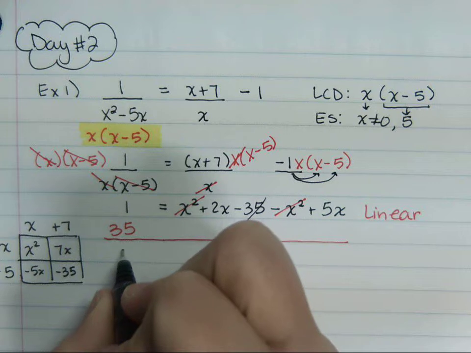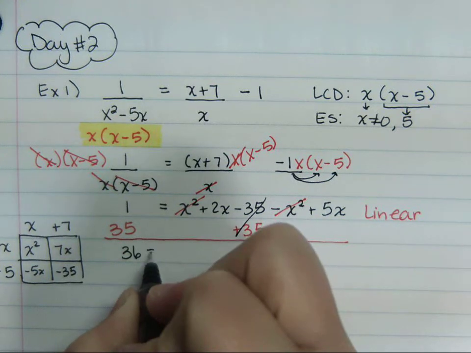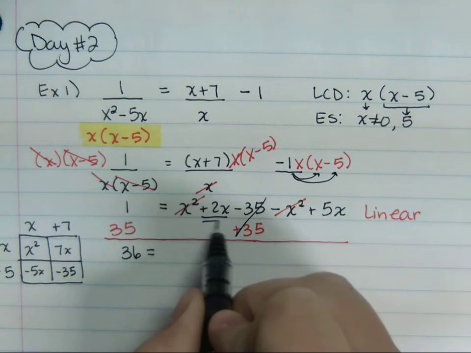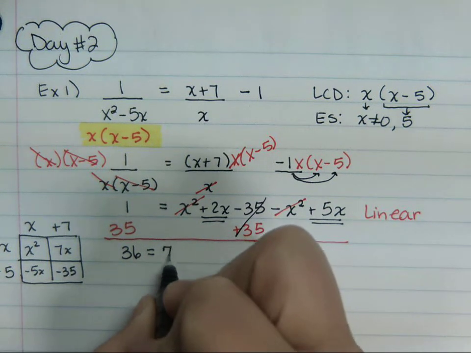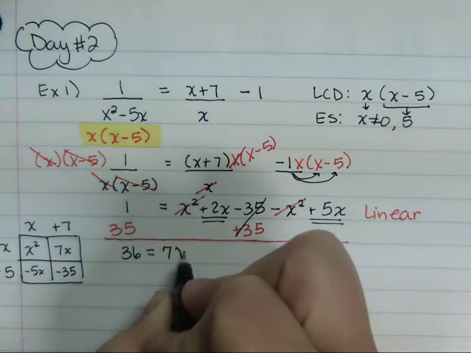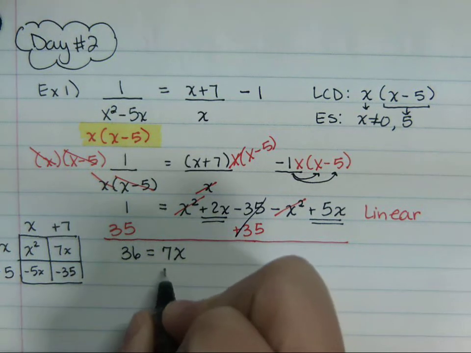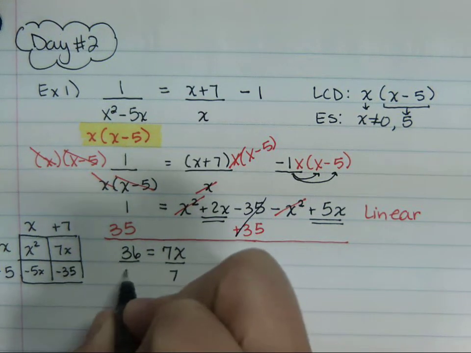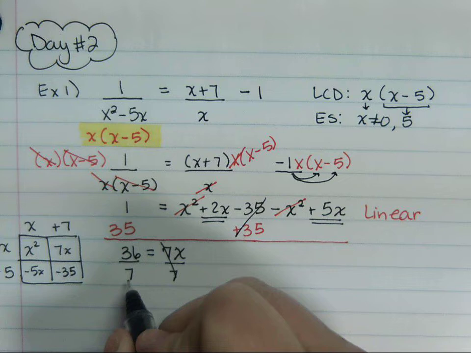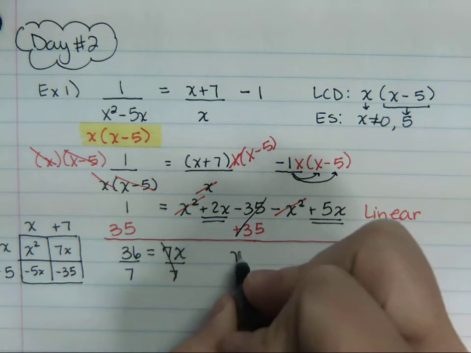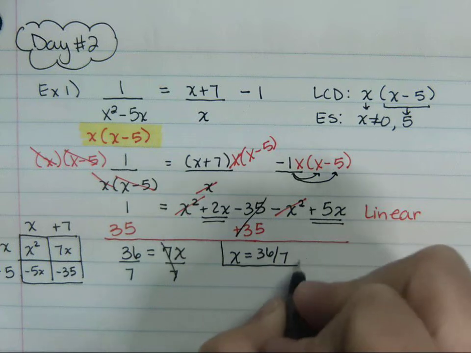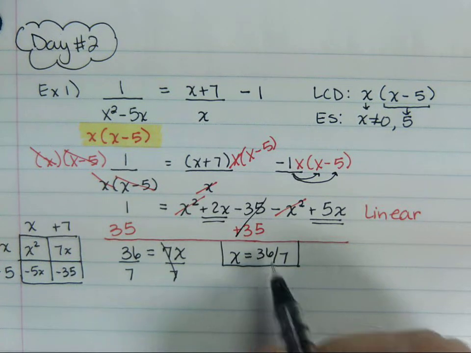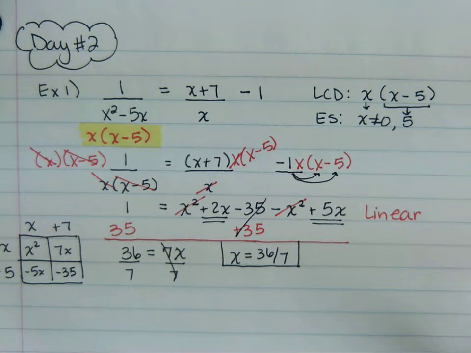And so on the left side, I'm going to get 36 equals, and I'm going to combine my x terms on this side, and then I'm going to divide. Now, 7 does not go into 36 evenly, so we're just going to leave it alone. And as long as it's a simplified fraction, I don't have to do anything extra.